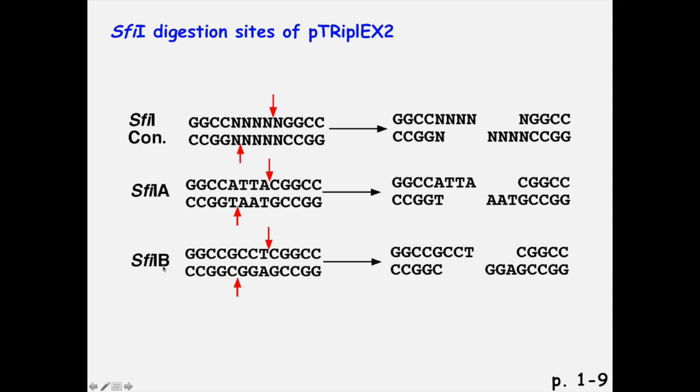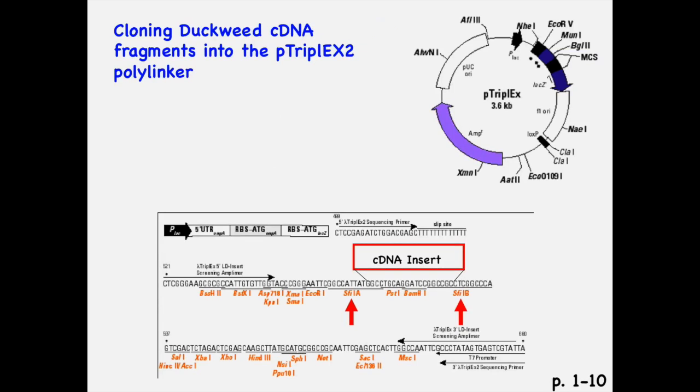Whereas the SFIB site looks different. But if you notice, the ends before this end region are the same. So it's GGCC. This one is still GGCC, GGCC. And again, the same in reverse. It is a palindrome. So this section is going to be similar to this section. But what can vary is the center region. So some restriction sites are like that. And this is one example.